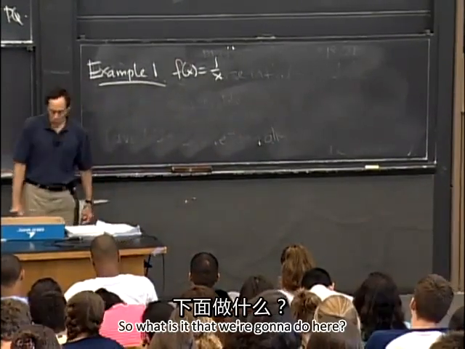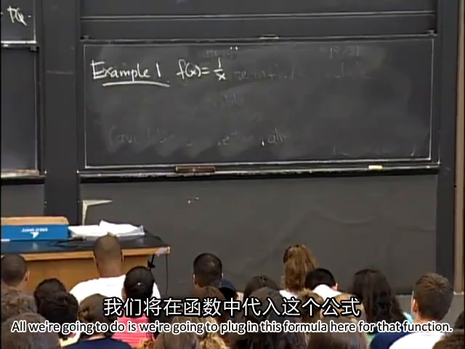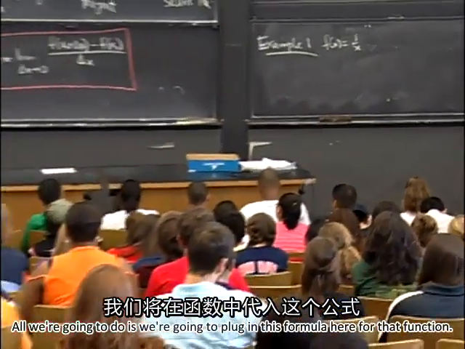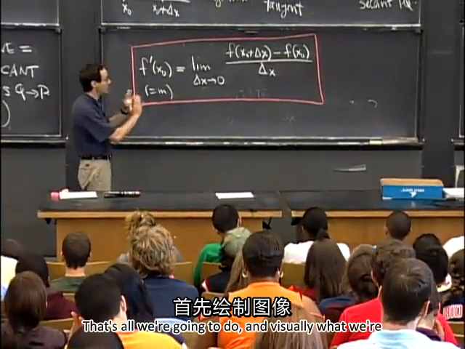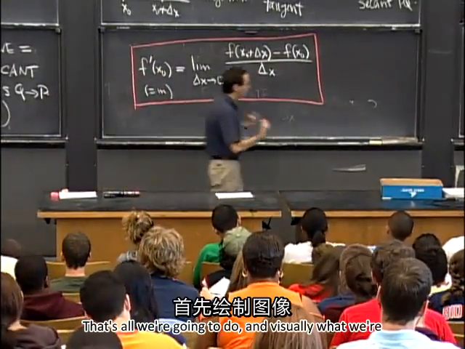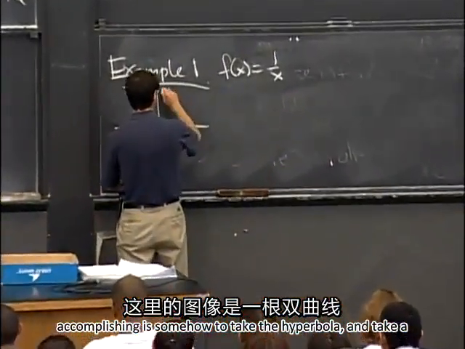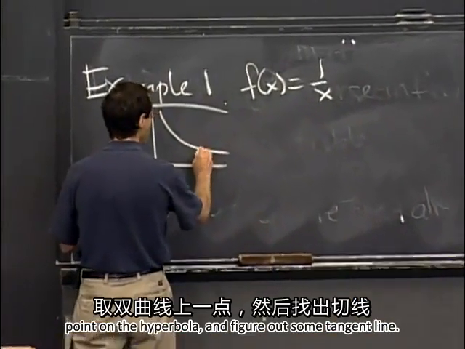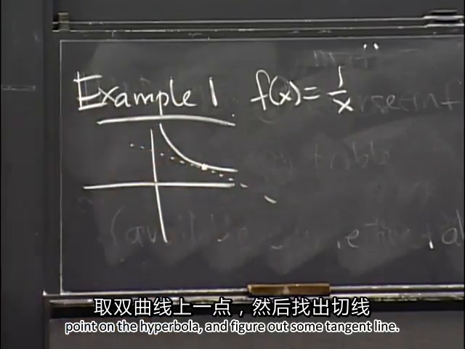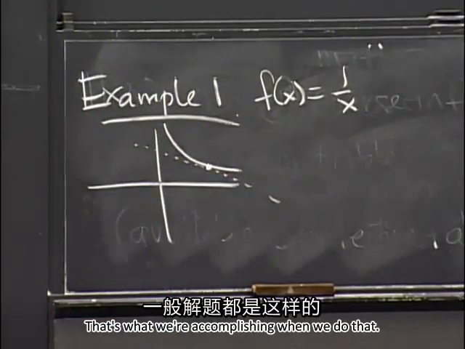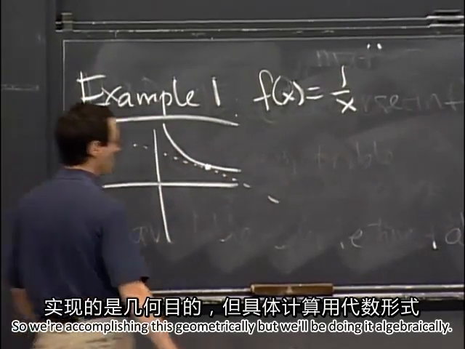So what is it that we're going to do here? All we're going to do is plug in this formula here for that function. And visually, what we're accomplishing is somehow to take the hyperbola and take a point on the hyperbola and figure out some tangent line. All right, that's what we're accomplishing when we do that. So we're accomplishing this geometrically, but we'll be doing it algebraically.